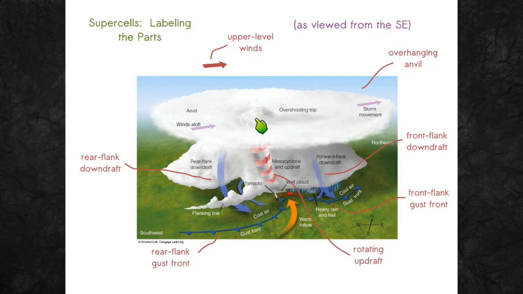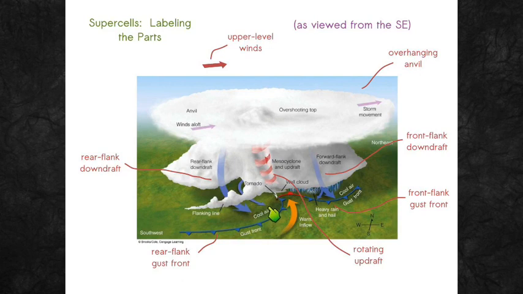And then you've got a second downdraft over here on the back side of the system, called the rear flank downdraft. Each of these downdrafts will build up a cold pool below it, and that cold pool will spread along the ground, which means that they're also each going to have their own gust front. So just following the naming convention of the downdrafts, we've got our front flank gust front associated with the front flank downdraft, and then we've got our rear flank gust front here on the back side of the system.